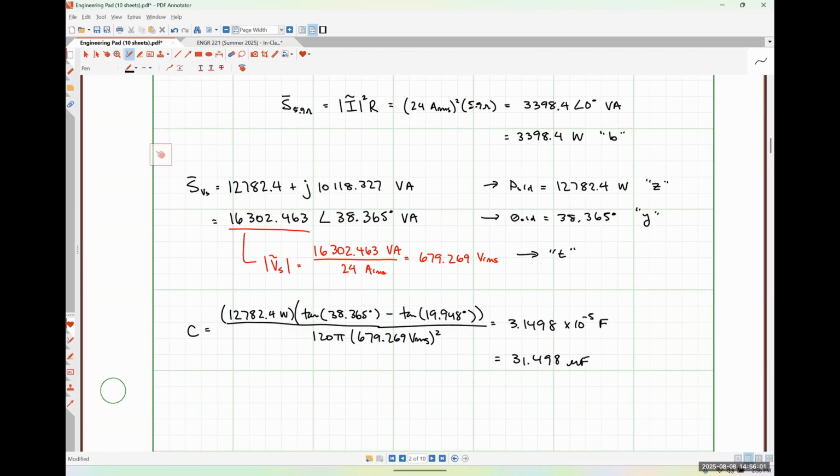Okay. So for what it's worth, that is literally the hardest power factor correction problem that you will be asked in Circuits 1. So if you could follow the analysis and the reasoning there, you are good to go on this material.